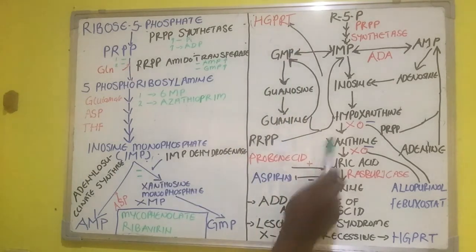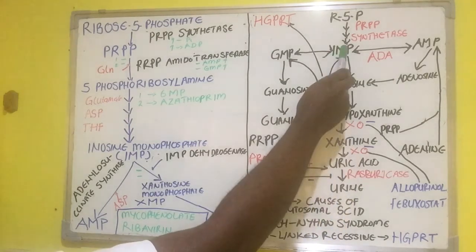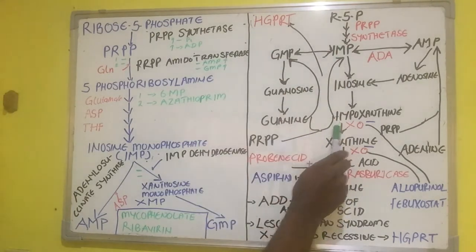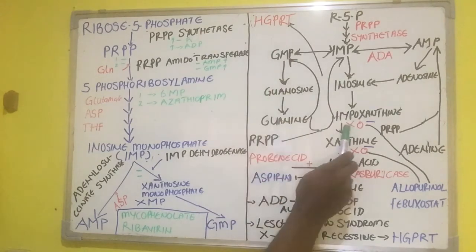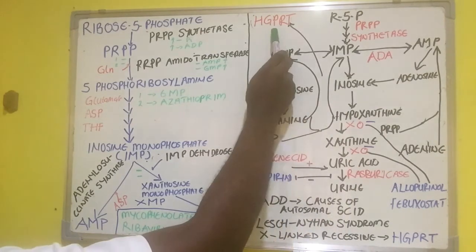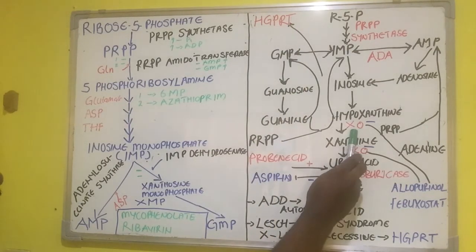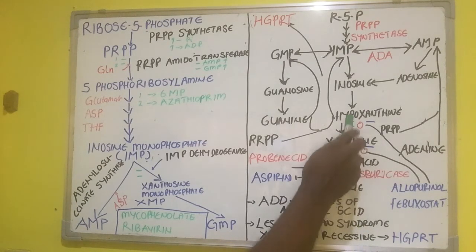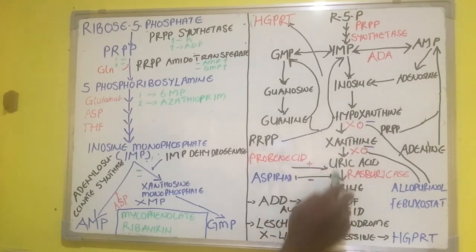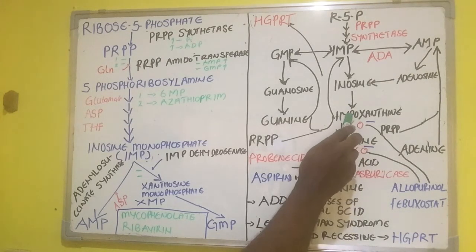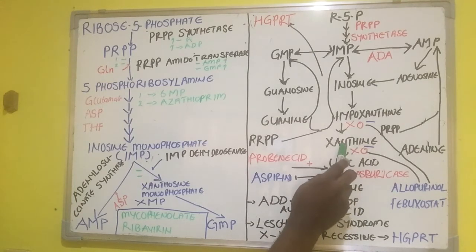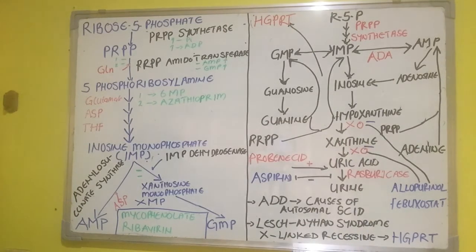Also, hypoxanthine can be converted to IMP through the same enzyme, with PRPP and hypoxanthine phosphoribosyltransferase. Then xanthine oxidase helps in the continuation of this reaction. It is found between hypoxanthine and xanthine here, and xanthine and uric acid here.